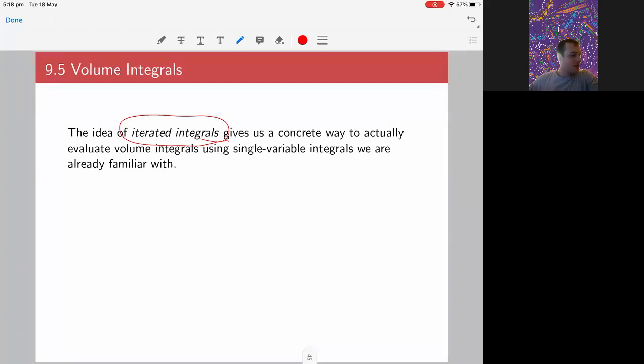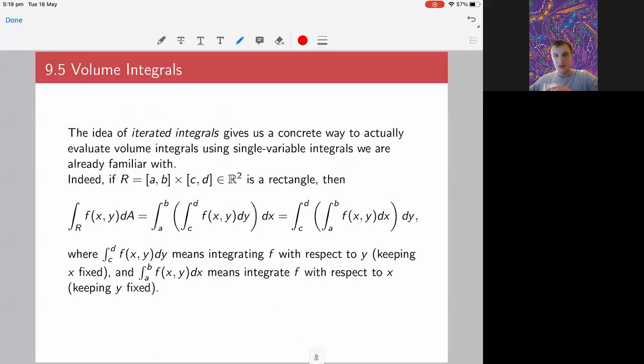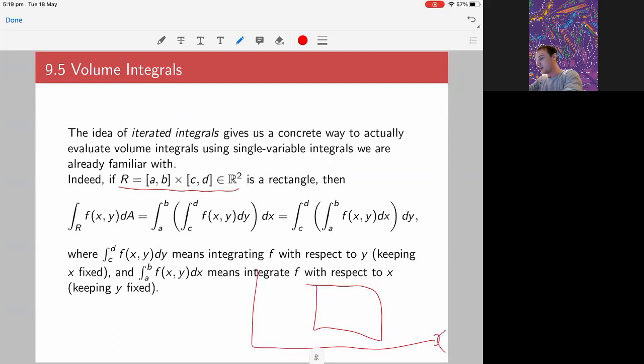All right, so the context is this. For simplicity, we're just going to assume that our region of interest is a rectangle for the moment. Just to be absolutely clear, I'm looking at a rectangle with x coordinates lying between a and b and y coordinates lying between c and d.